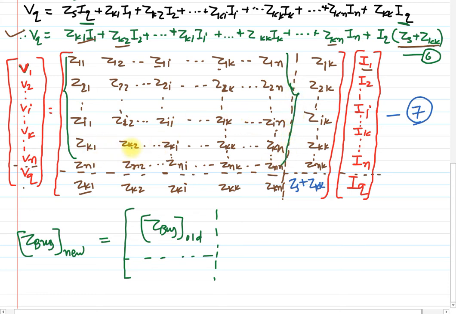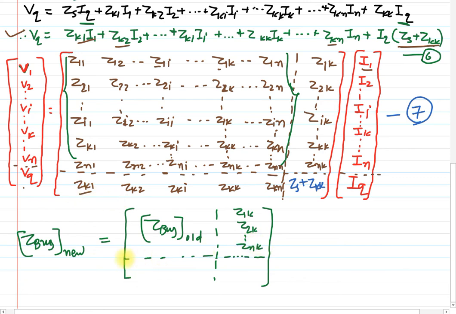That means it is your Z bus old, and the column vector and the row vector, which is here Z1k, Z2k up to Znk.